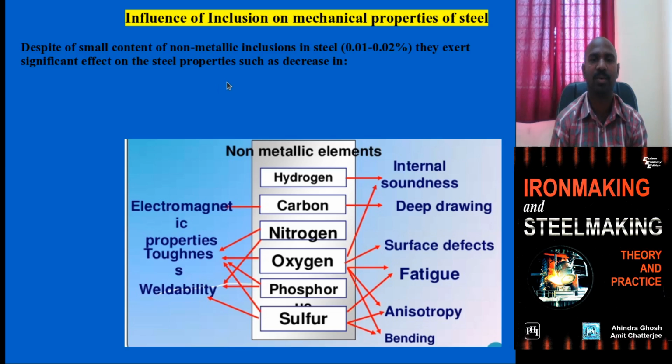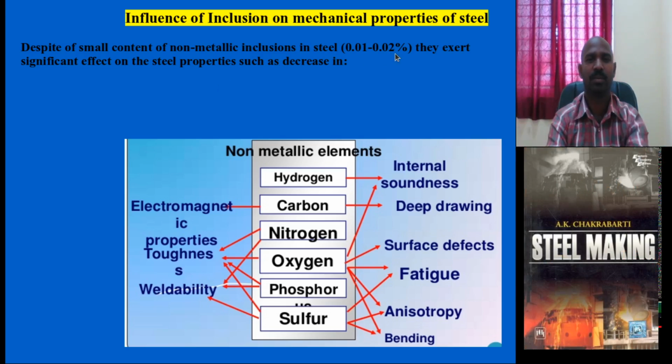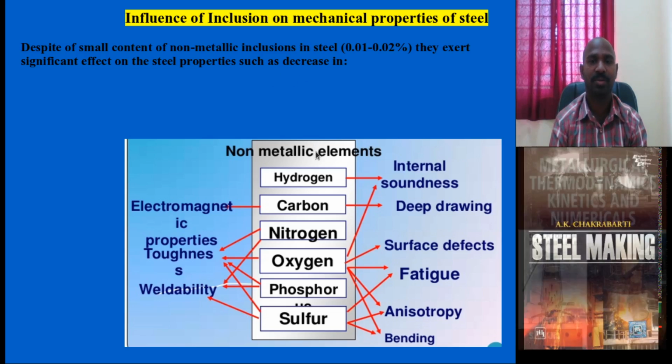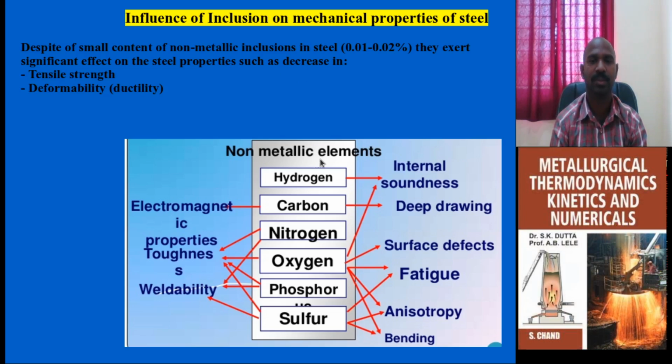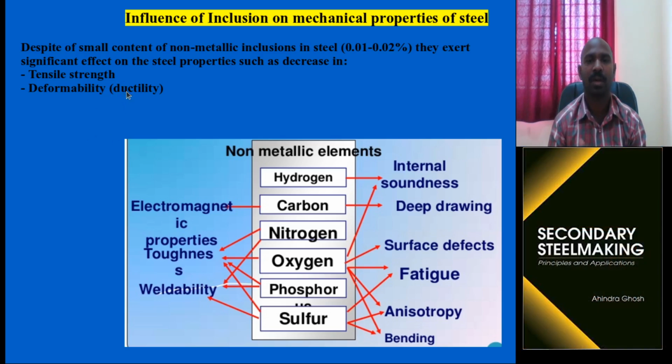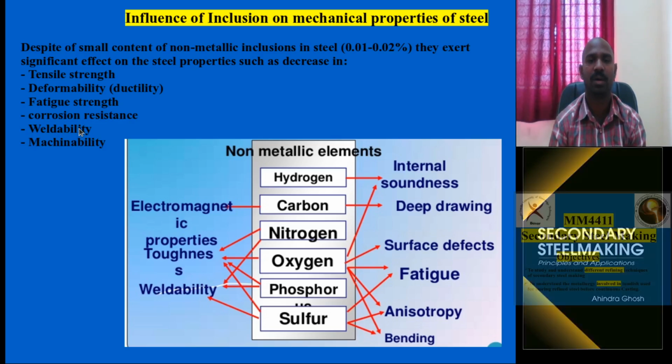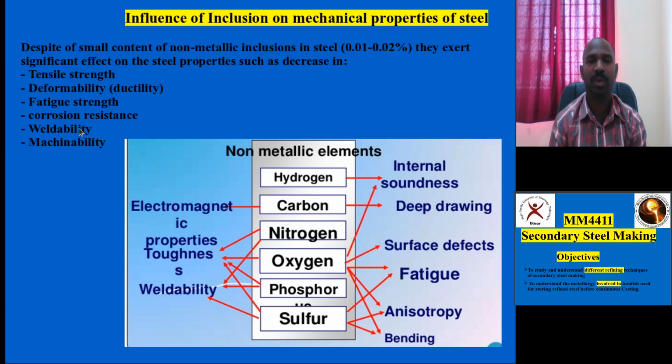In conclusion, if non-metallic inclusions of 0.01 to 0.02% are present in the steel, it decreases a large number of mechanical properties. Let me conclude with the list: tensile strength drops, deformability and ductility decrease, brittleness increases, fatigue strength comes down, corrosion resistance decreases, welding strength decreases, and there is loss of machinability.